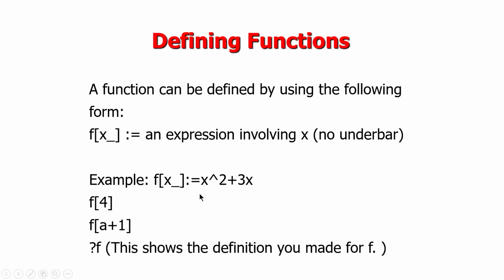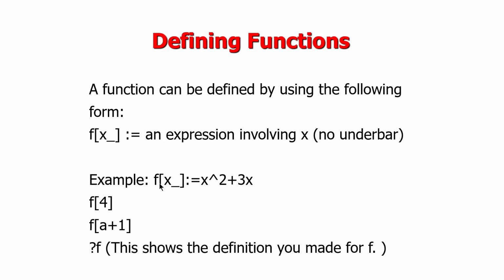For example, if you want to define a function which is x squared plus 3x, you have to write f with square brackets for the argument of that function, with the variable being x. After writing the variable in the argument of f, you have to put an underscore, and after that write colon with equal sign, then x squared plus 3x.